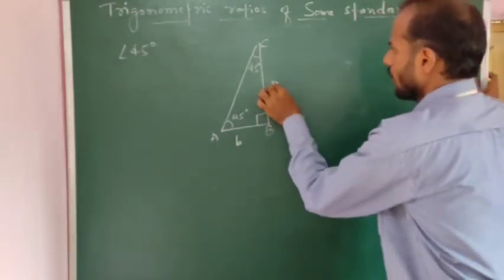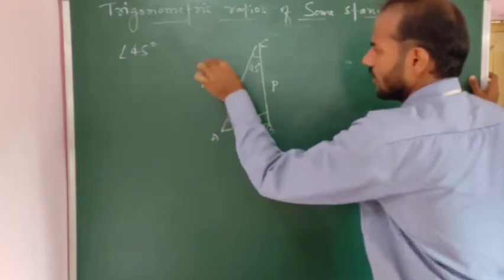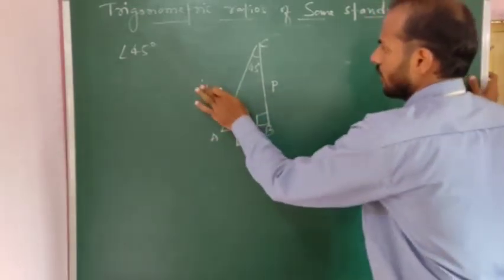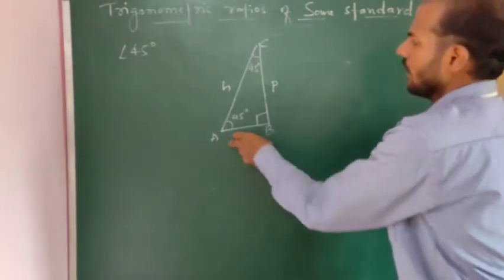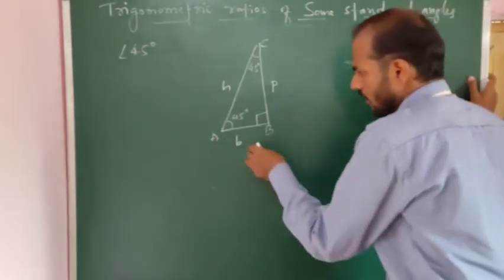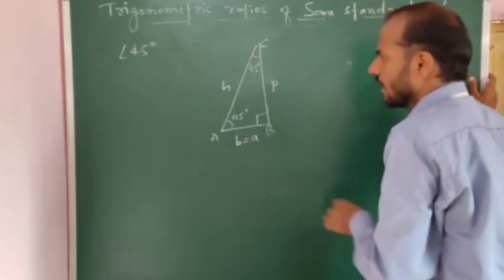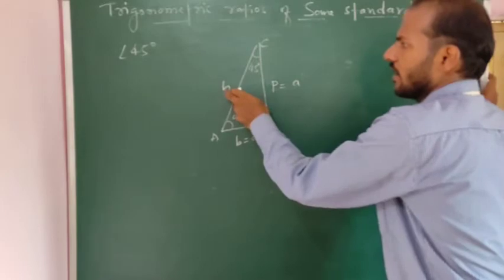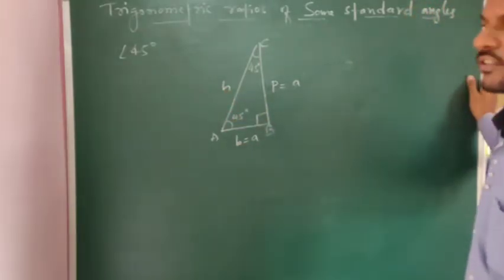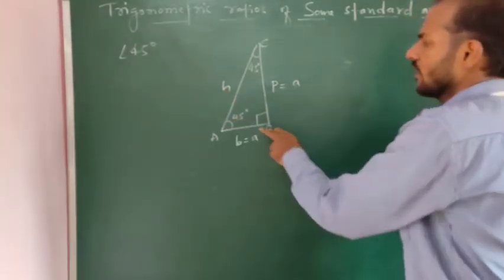This is the perpendicular side, and this one is the hypotenuse. Now AB equals BC. Let us consider B equals a, and the perpendicular is also equal to a. Now we have to find the h value. We don't know the value of h. These two sides are equal.